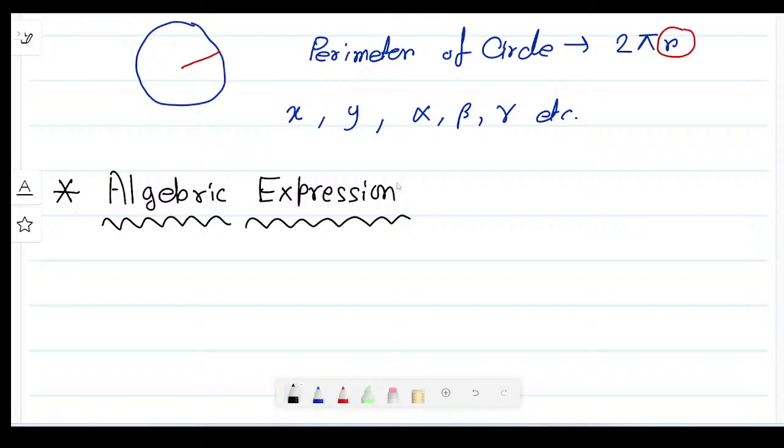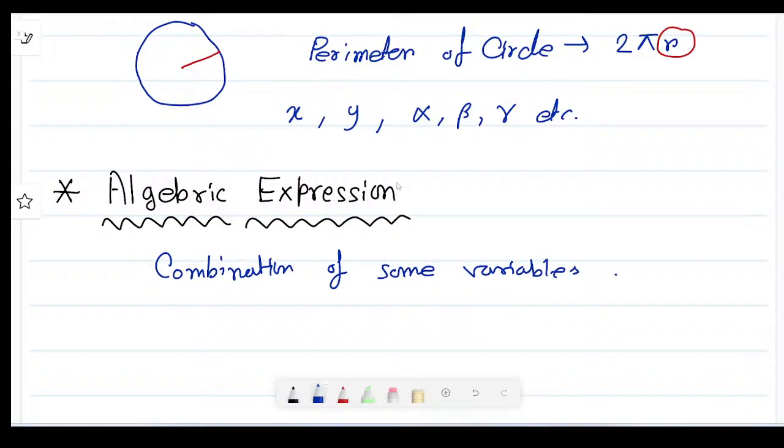A combination of some variables and constants separated by plus and minus.